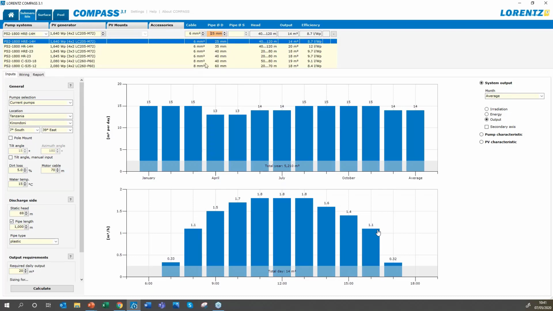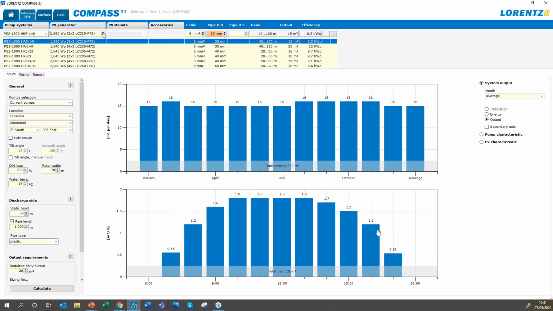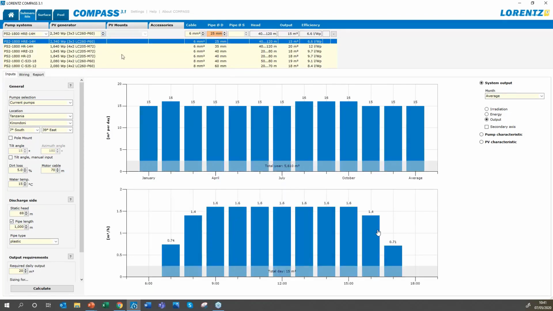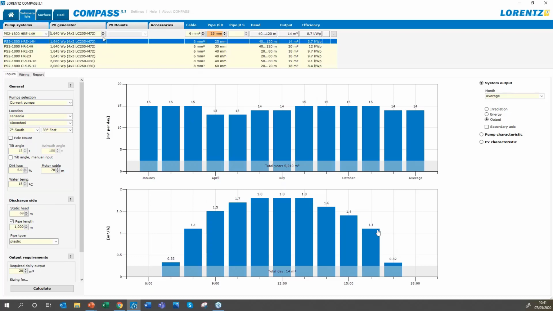As I've now lost water, I'm down to 15 cubic meters. If I add a bit more power, can I get that back up again? Yeah, I can play around and really see how I can fine tune this system.